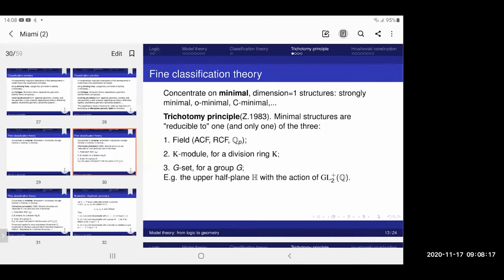If you take the upper half plane and think of it as the universe of a structure, and the only relation that our language sees in the structure is the action by elements, and you should think of it as element by element, of this classical group GL2(Q).